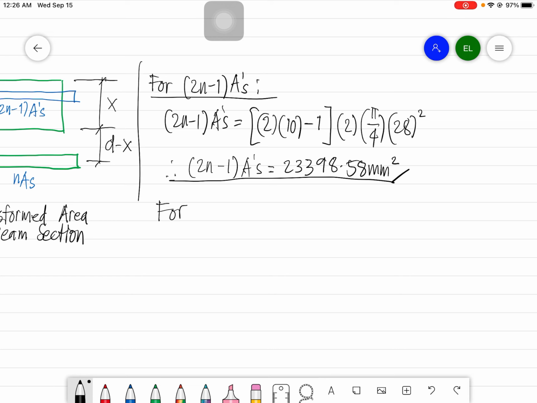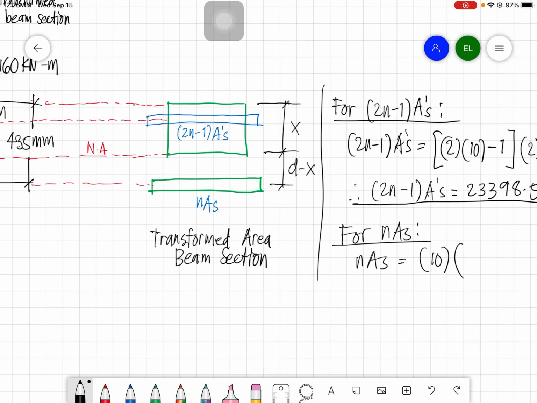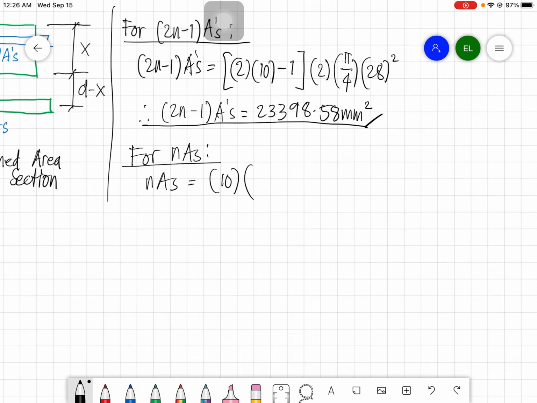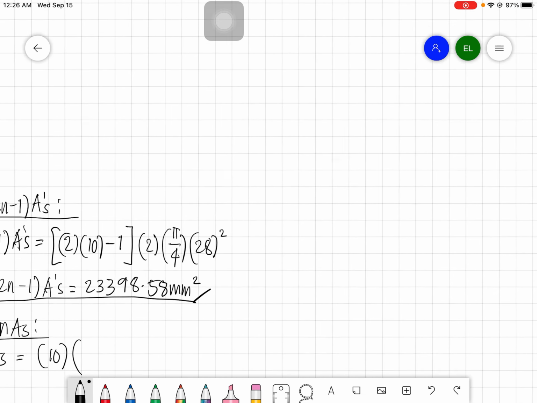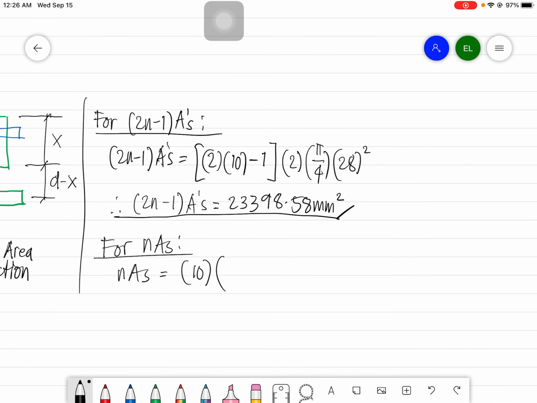How about for nAs? Okay, so nAs is equal to n, then times 4, I think we have four 28 mm bars, so 4 times pi over 4 d squared.